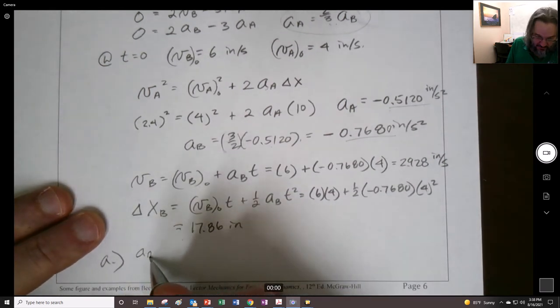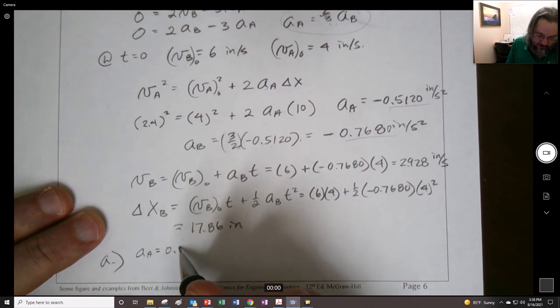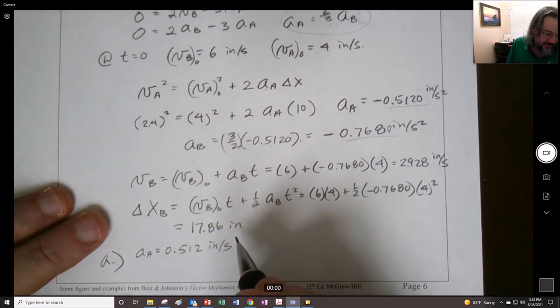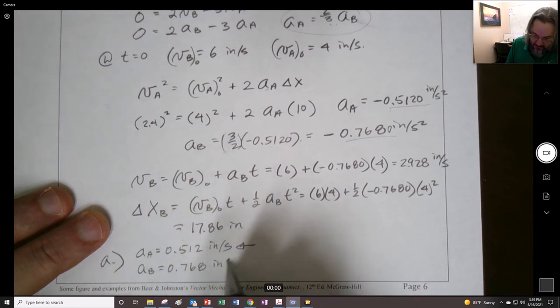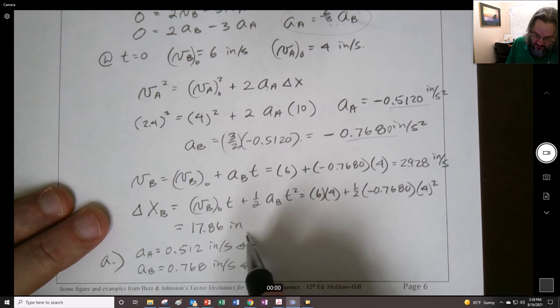So if we want to summarize all these answers here, the acceleration of A is 0.512 inches per second squared, and I'm going to put an arrow in there. Acceleration of B, 0.768 inches per second squared, right there.